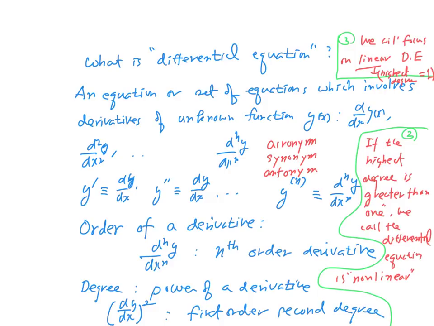A synonym is a similar word, and an antonym is an opposite word, right? So you're learning some English in addition to math.